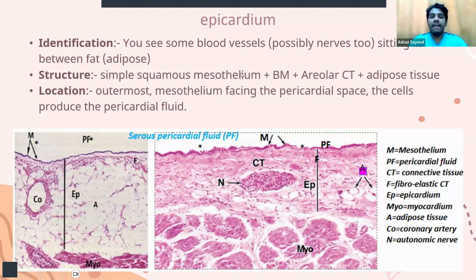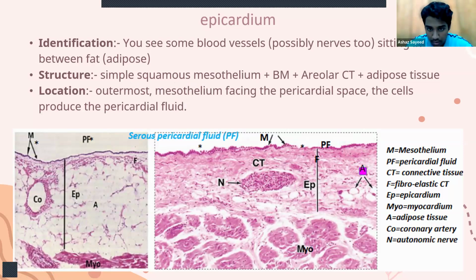If we talk about the structure of the epicardium, first of all, it will have the simple squamous mesothelium. Its shape is simple, so it's not layered, it's one layer, it's squamous, and it's called the mesothelium. Under this, you're gonna have the basement membrane. Under this, you're gonna have areolar connective tissue and the adipose tissue.